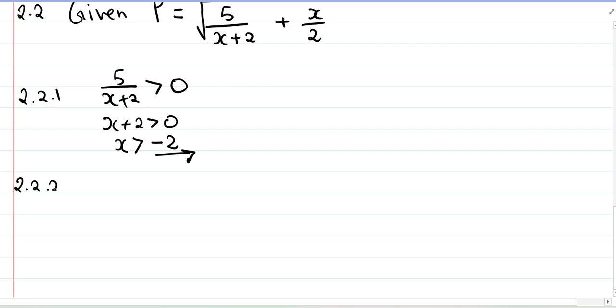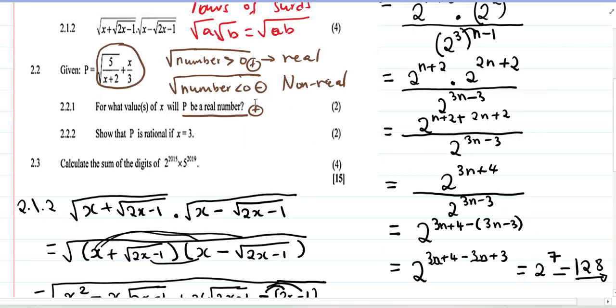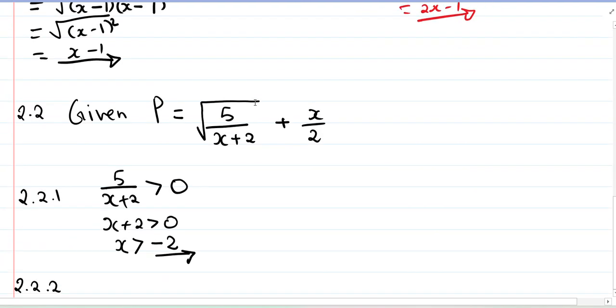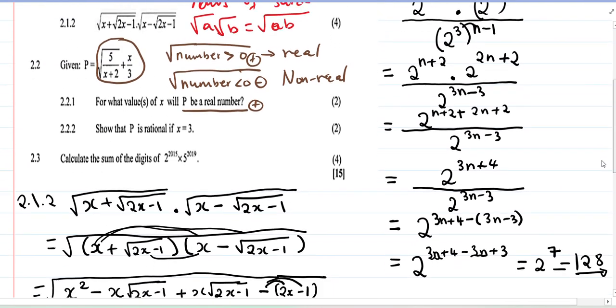Now let's move on to 2.2.2. It says show that p is rational if x is equal to 3. Meaning that you go to your equation of p, and wherever you see x, you plug in the value of x, which they gave us as 3, right?